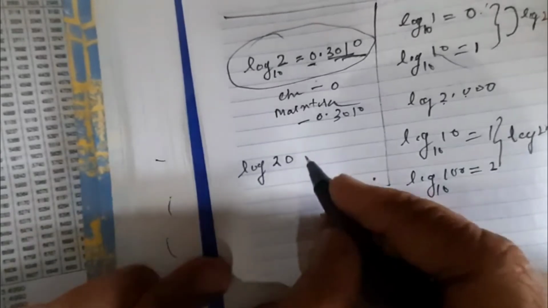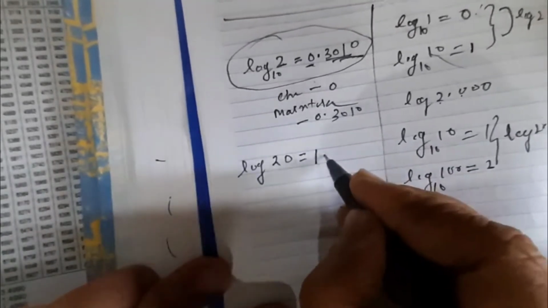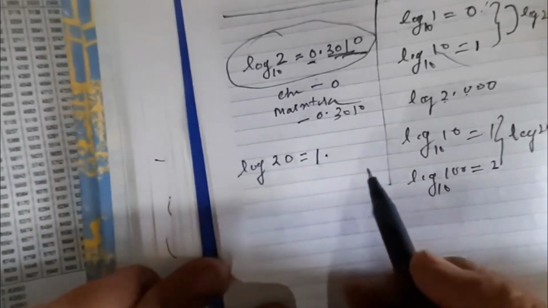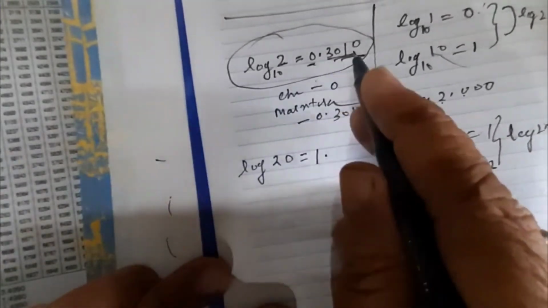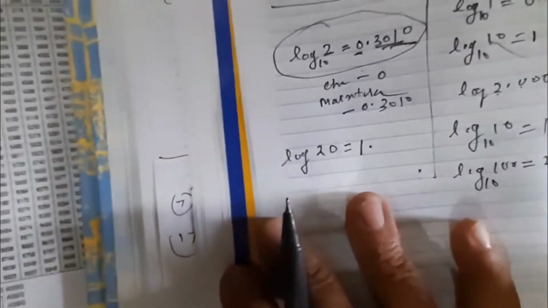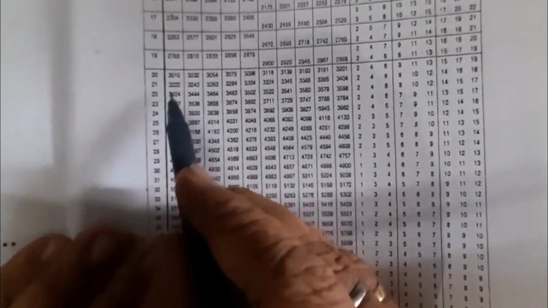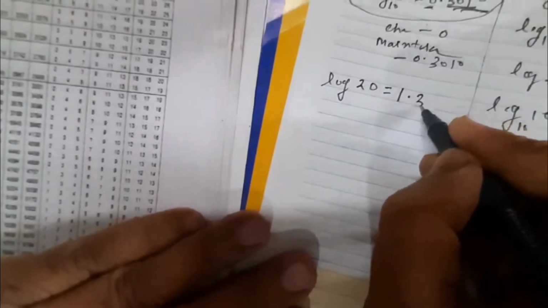So the characteristics is 1. The mantissa is never changed; if the digits are not changed, the mantissa does not change. In the same way, for 20 we put the value 3010.